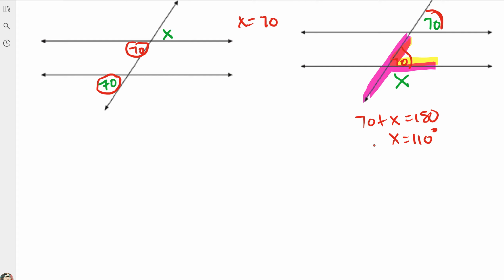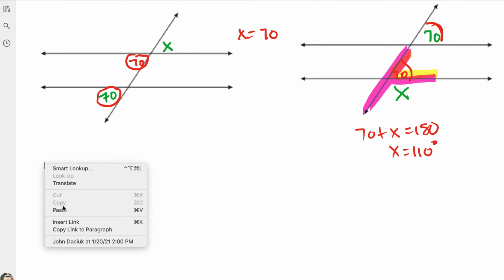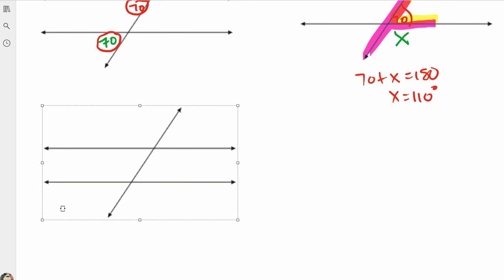Well, what do we do when we have algebra? It can be more than just one variable. And they're going to be the same idea. Okay, so here's x plus 5, and I'll put in 2x plus 55.